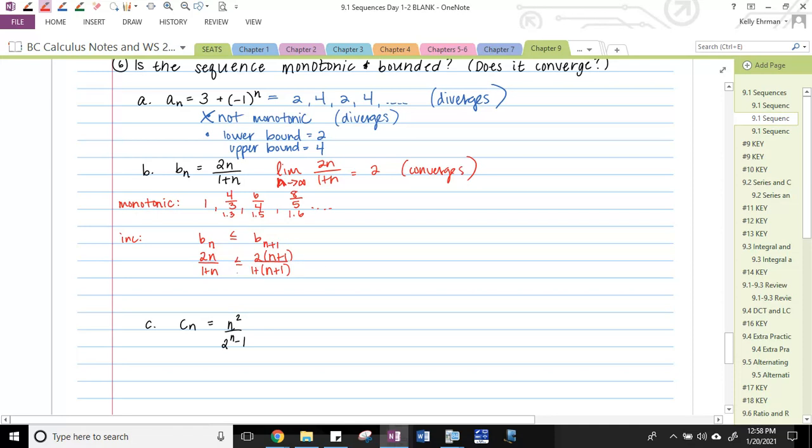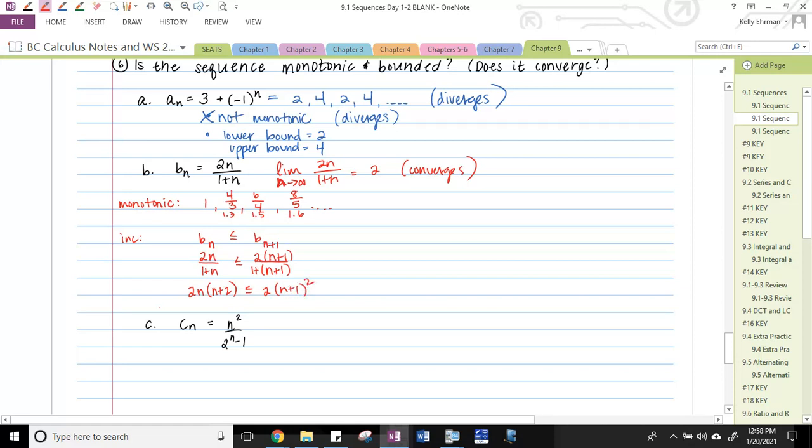I'm looking at 2n over 1 plus n is less than or equal to 2 times n plus 1 over n plus 2. How do I figure out if that's true or not? Basically, you can just cross multiply. 2n times n plus 2 should be less than or equal to 2 times n plus 1 squared.